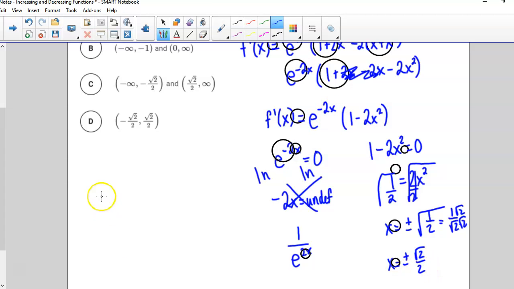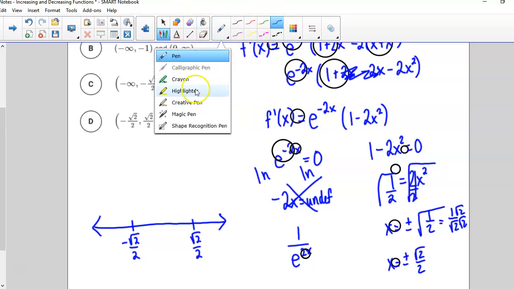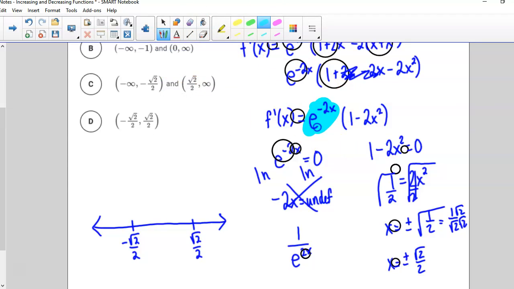So we just have the square root of 2 over 2, or negative square root of 2 over 2, and positive square root of 2 over 2. And so if I'm doing this problem, I've got two parts of this graph. I've got this e to the negative 2x, and I've got this 1 minus 2x squared.